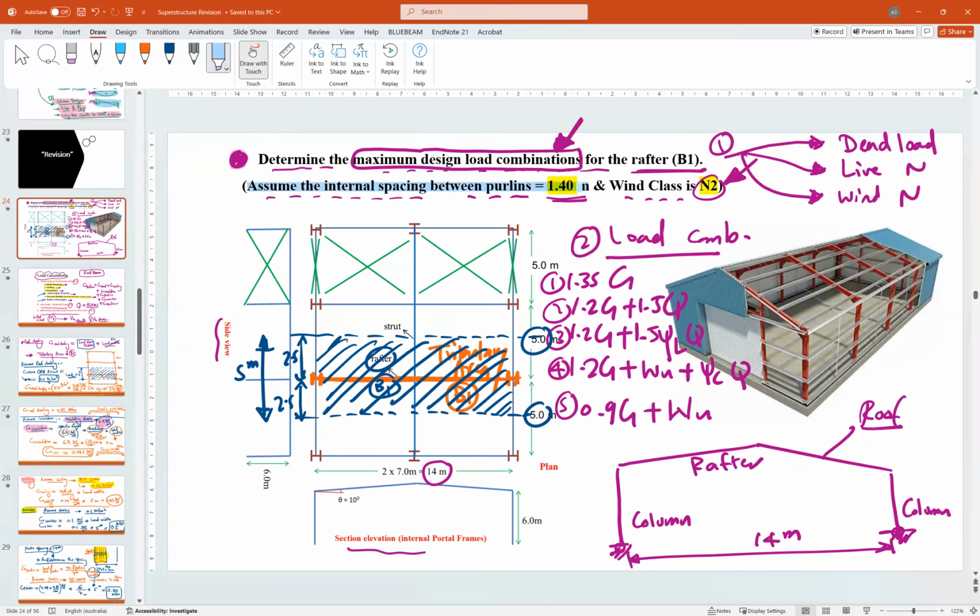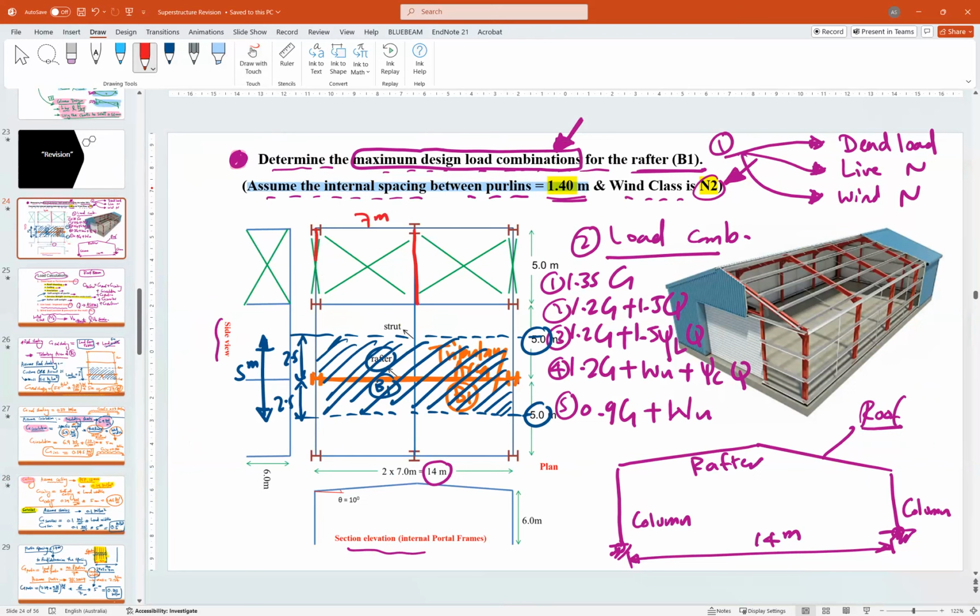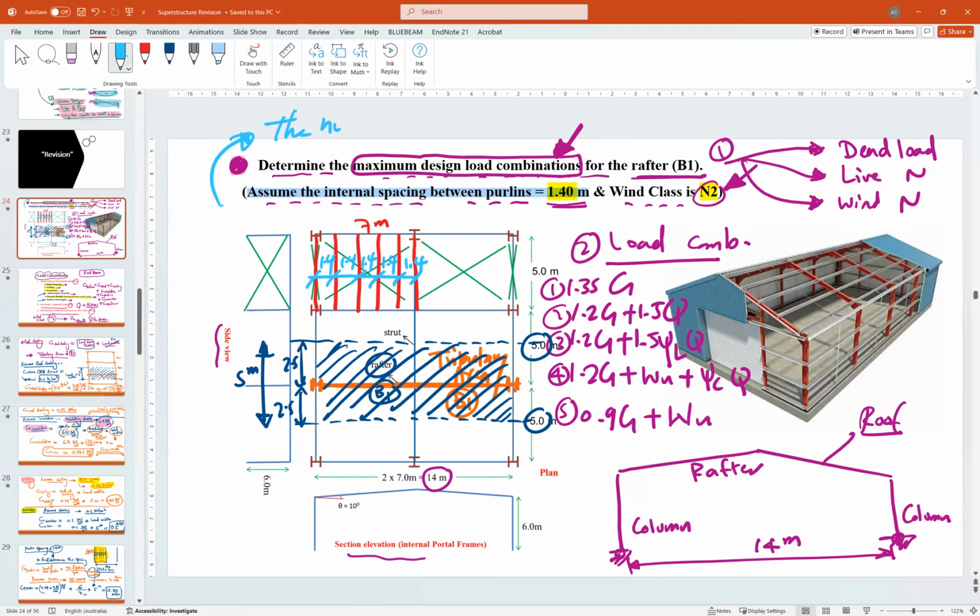If the purlin spacing is 1.4, this means that in each 7 meter we have 1, 2, 3, 4 spaces of 1.4, 1.4, 1.4, 1.4, 1.4. Another option, maybe I can give you the number of purlins directly.